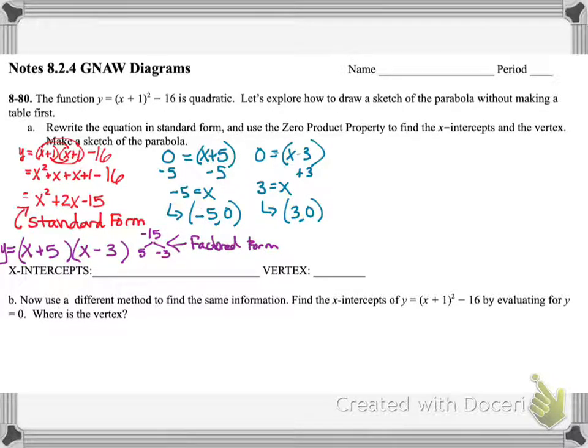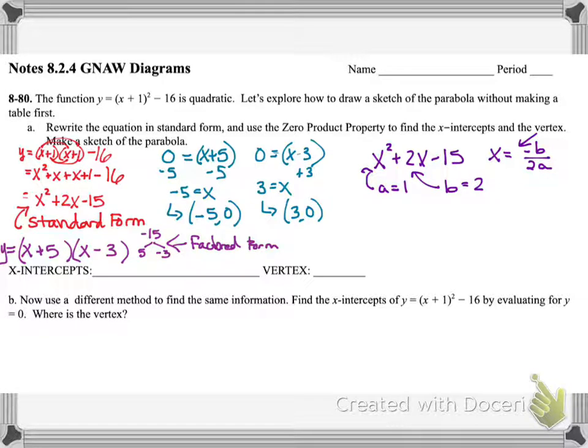If you remember, the equation for your vertex is, okay, the x value of your vertex is equal to the negative b term over 2a. When you're in your standard form, remember that your a is the coefficient on your first term. So my a term would be 1, and my b term for this would be 2.